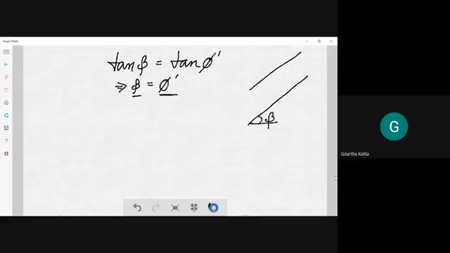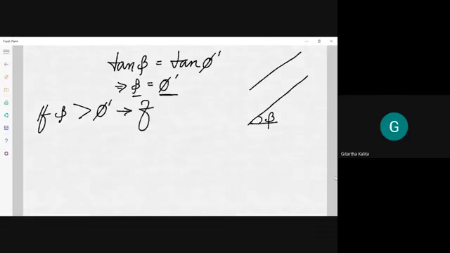And now if beta becomes greater than phi dash, then there will be failure. That means the maximum value of the angle of the slope cannot exceed the angle of internal friction, because then it will fail.